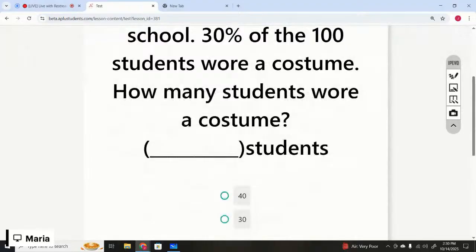So which is the correct option? 30% of 100 is 30. Option number 2 is the correct option.